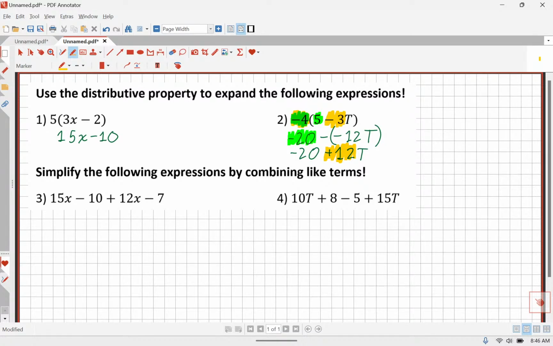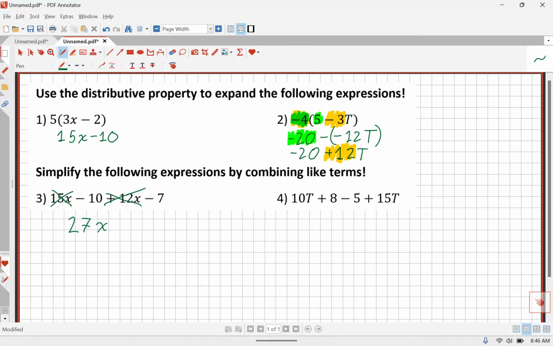Let's see here. Rico, how about on number 3? What can I combine on number 3? I combined 15x and 12x, and that made 27x. And then what else could you put together? 9. Okay, I'm glad we're talking, because here's the thing. Once you've done that, we can ignore those.